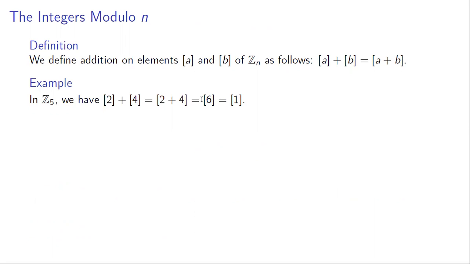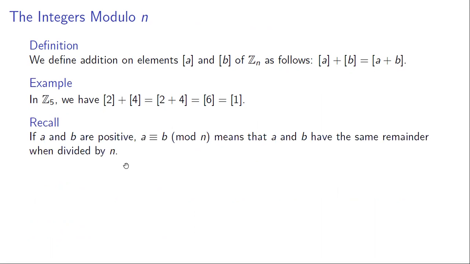Now you might ask, how in the world does the equivalence class of 6 equal the equivalence class of 1? Or how do we know that? So here are two things to recall. First of all, recall that if A and B are positive, A is congruent to B mod n means that A and B have the same remainder when divided by n.